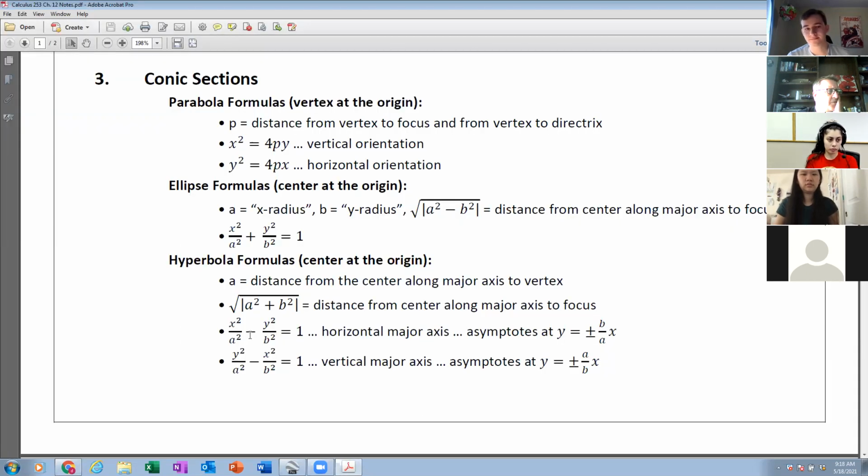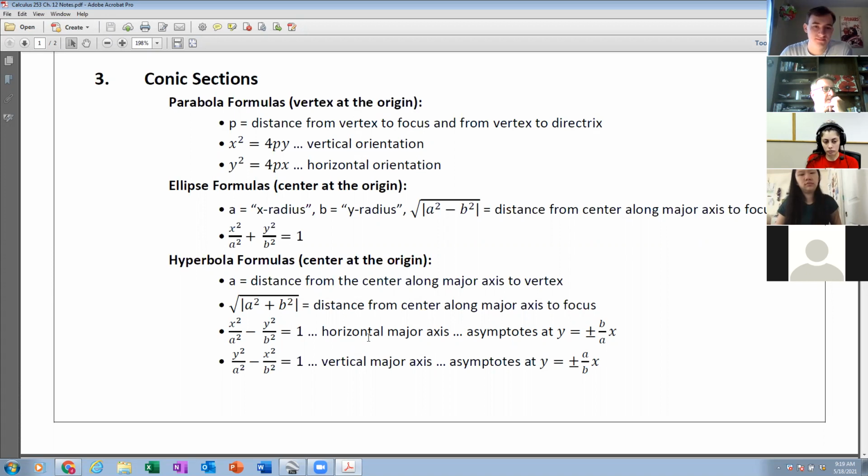So what does this say? Which one is that? Let's see, x was positive. It's this one. And so what does that do? It has a horizontal major axis. And then it says it has asymptotes at y equals plus or minus b over a x. What the heck does that mean? B over a.